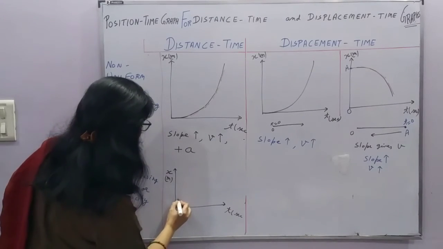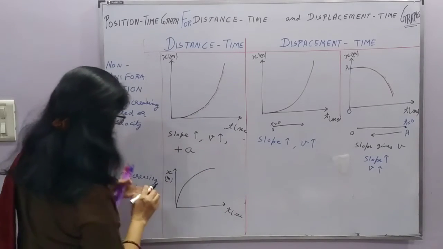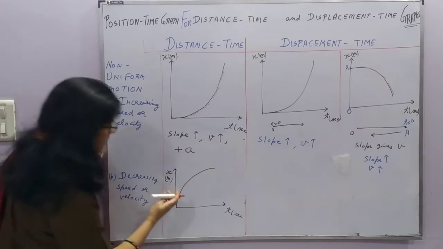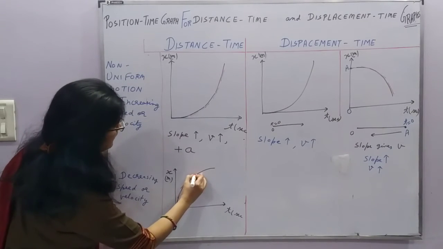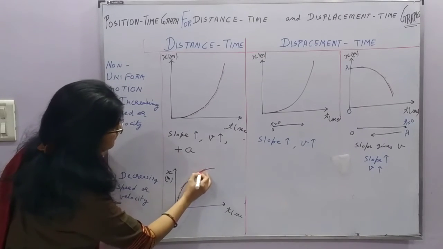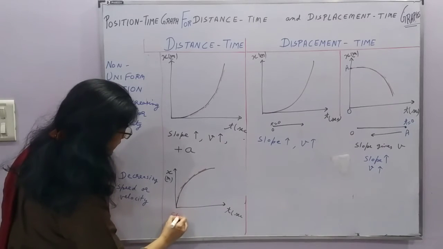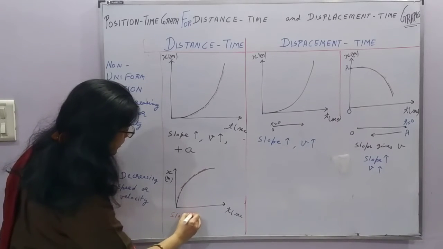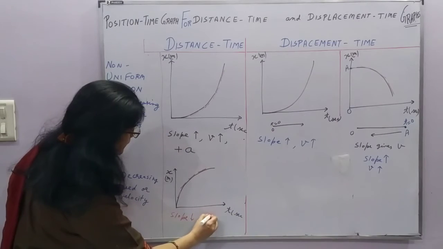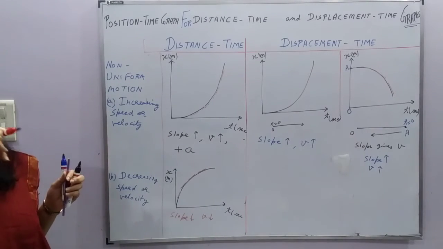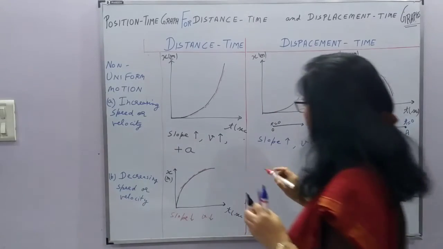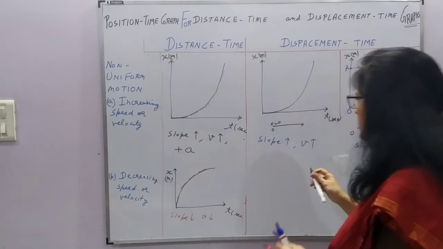If we check this, this is the slope over here, this is the slope over here, and this is the slope over here. So you can say the slope is decreasing, so the speed is decreasing in this case.